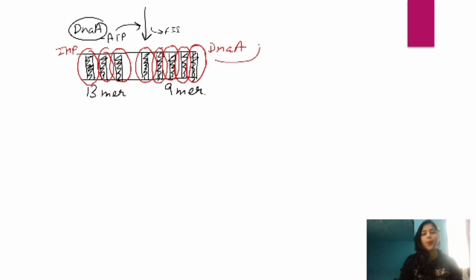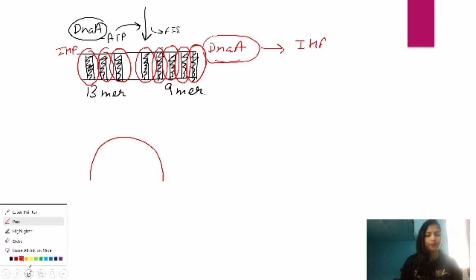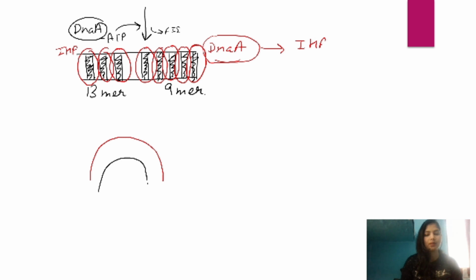Now DNA A जब आ जाता है, then what it does is it creates a bonding between IHF. So now when it is attracted to IHF, so there is a slight bending of this origin of replication. So now the situation will be that this origin of replication will appear like this in a bended form.